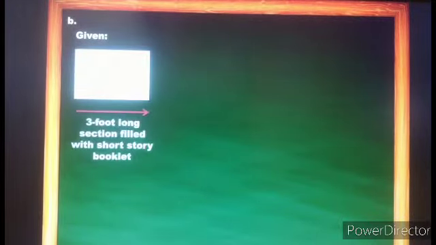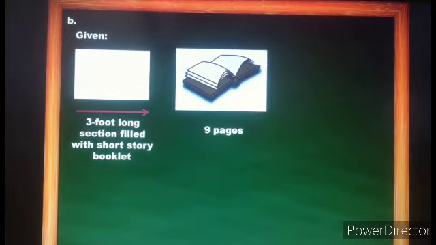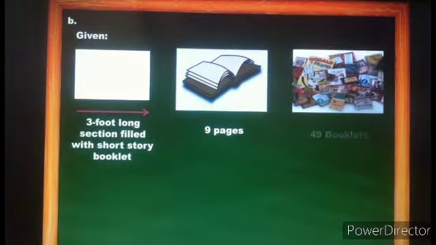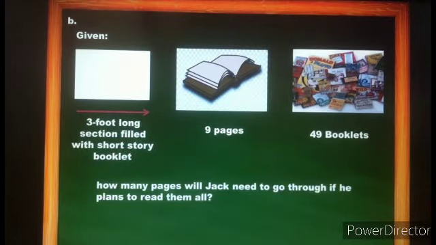it said there that he also has a 3-foot-long section filled with short story booklets. If each booklet has 9 pages, and there are 49 booklets all in all, how many pages will Jack need to go through if he plans to read them all?